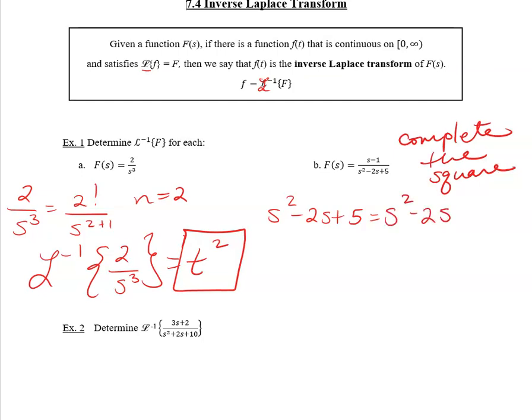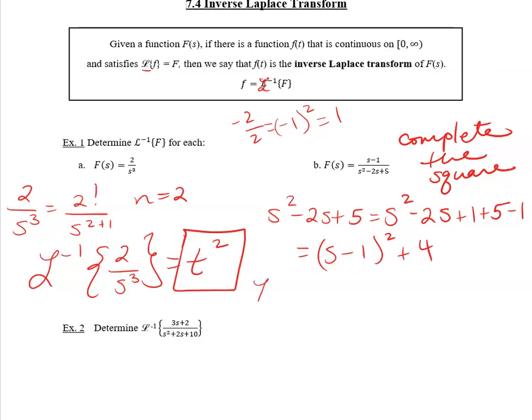You take that -2, divide it by 2, you get -1, you square it, you get +1. So if I add a 1, that will complete the square. But I can't just arbitrarily add a 1. I have to also subtract the 1, or I've changed the value of that expression. So this is now s minus 1 squared plus 4. And that's really what you have there.